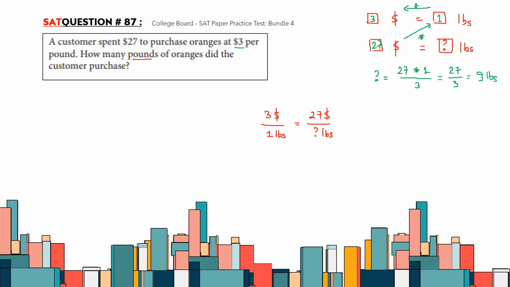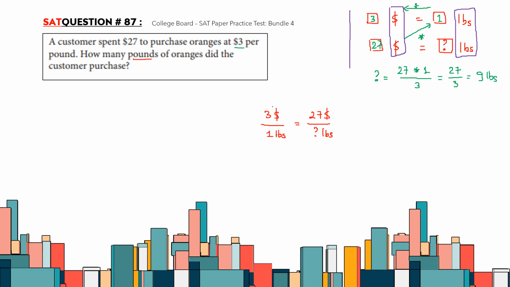Remember, in the first method we used, the columns on the left hand side have to be the same unit. This is just a different point of view.